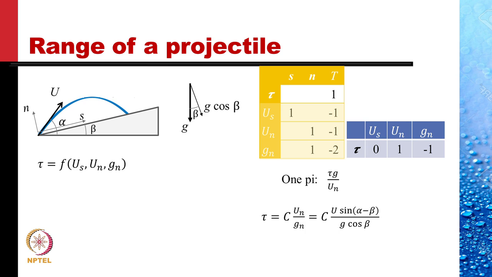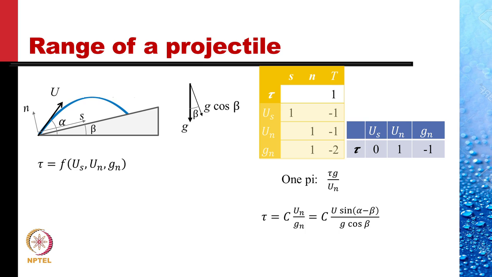US 0, UN 1, and GN minus 1. And from this, we get only 1 pi, tau G by UN. The time of flight tau is now a constant times UN by G.